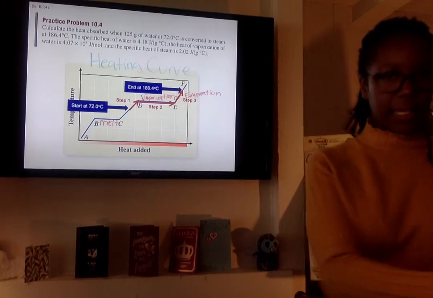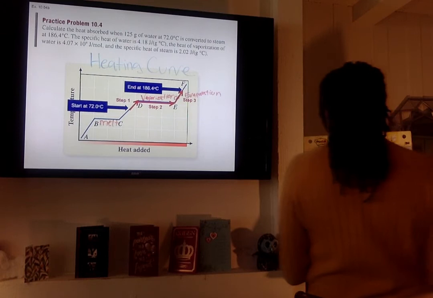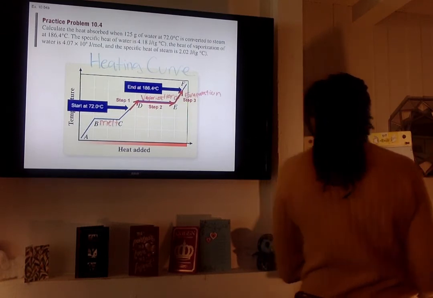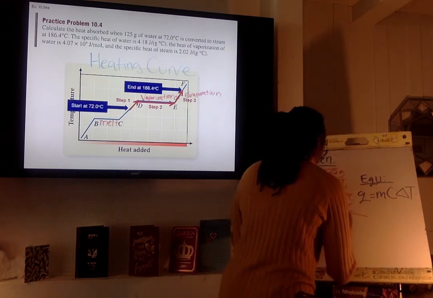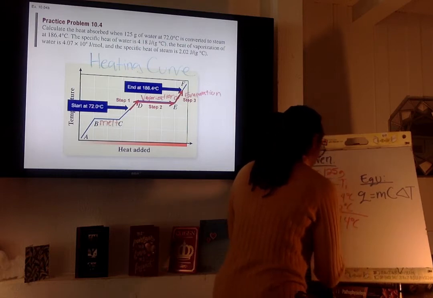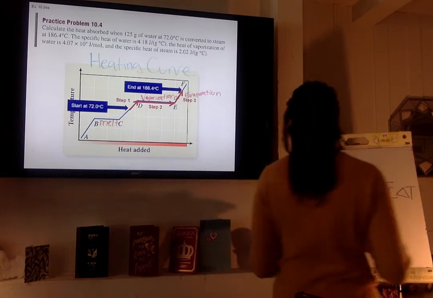And that is 114.4 degrees Celsius equals delta T, right?